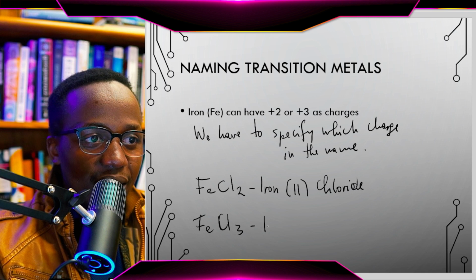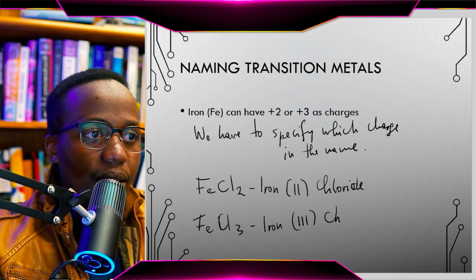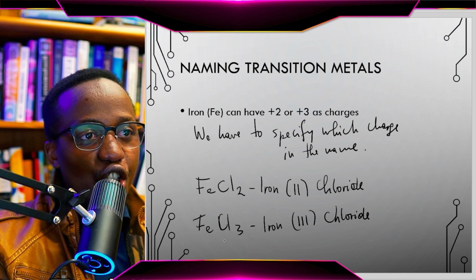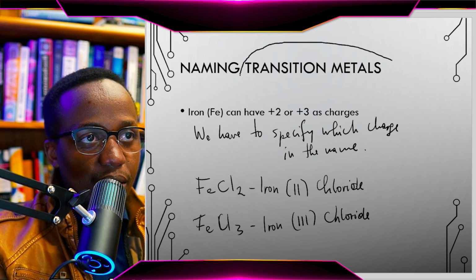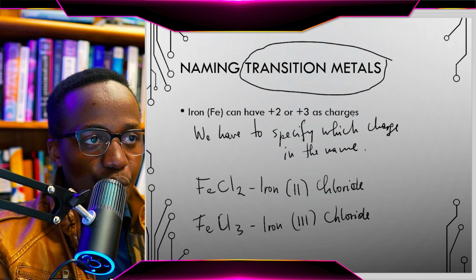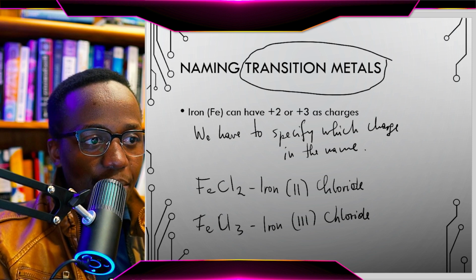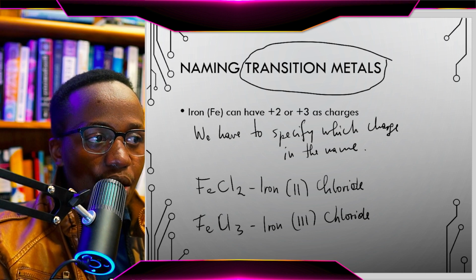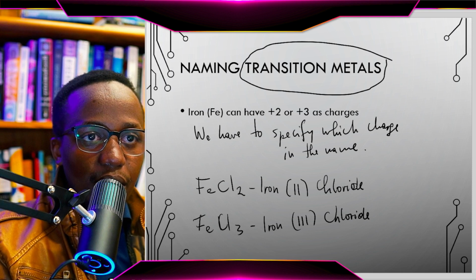And then this one is iron 3 chloride. So they are different in charges, and you have to specify those. So for transition metals, when you're naming them, you have to specify the number in the name.